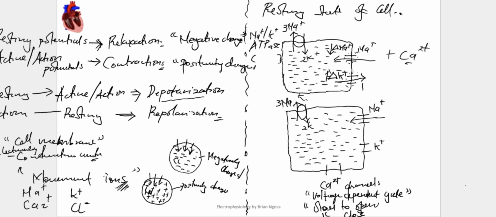And the permeability of the potassium will change in that the number of potassium leaving reduces, while the number of sodium entering increases. If you are to put a graph, the resting state is normally represented by some negatives, so let's say negative 80. And let's put positive 20 as the most active state.